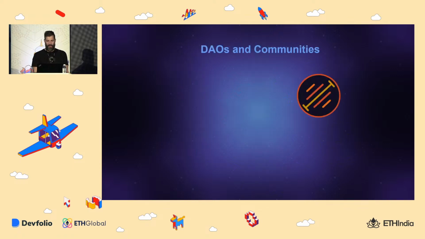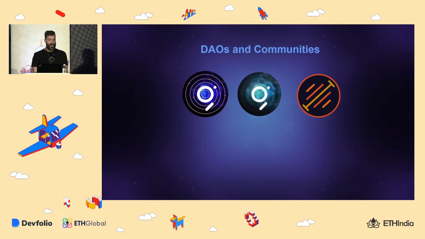And then we also have DAOs and communities in The Graph. If you want to get more involved, we have DAOs that are working on the advocate side, on grants, and on communities. We have a Builders DAO that is working on creating tooling, documentation, and new subgraphs and Substreams.